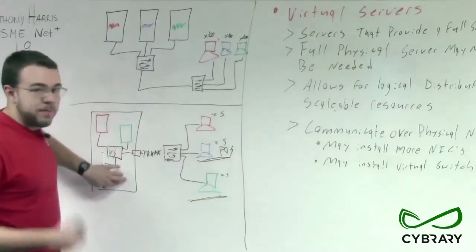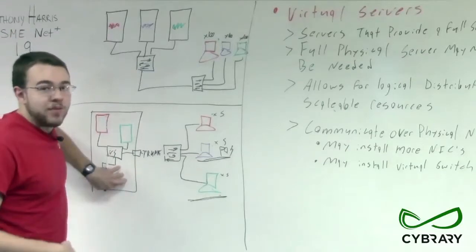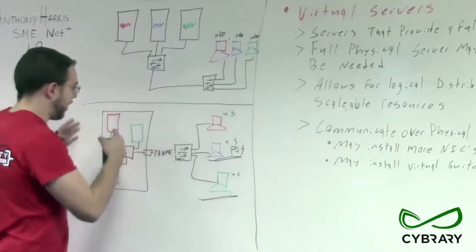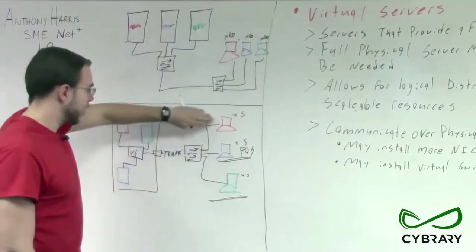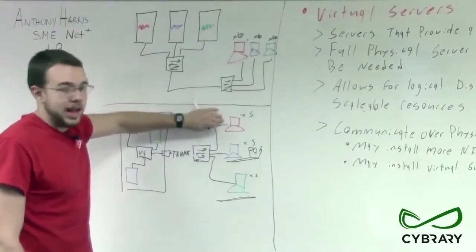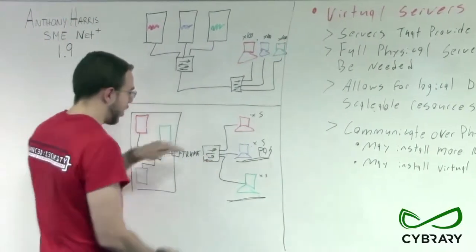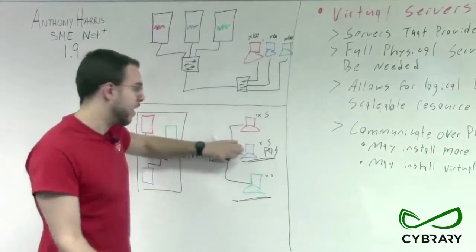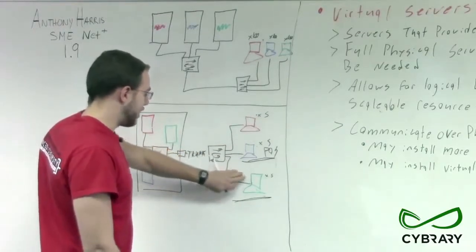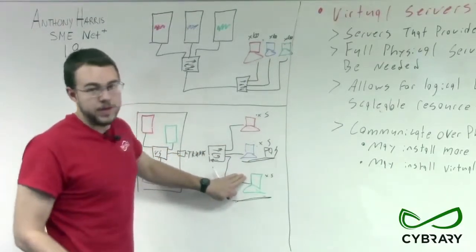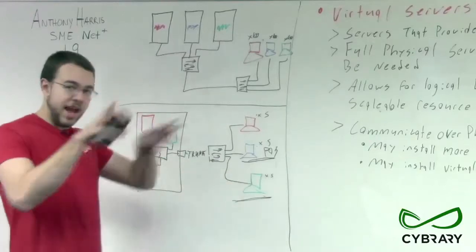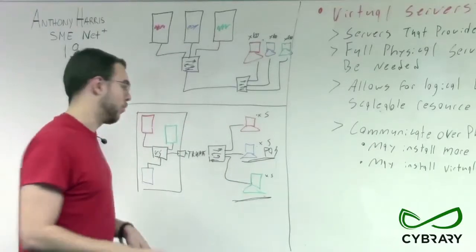Say this server is back in our administrative offices. So this server is physically located near our red VLAN. And then our point of sale computers are all up at the front of the store, and our green VLAN, our customer computers, are scattered in multiple locations in the store.